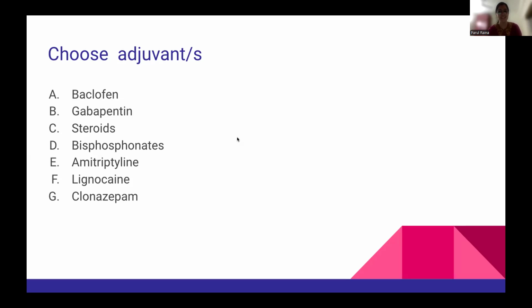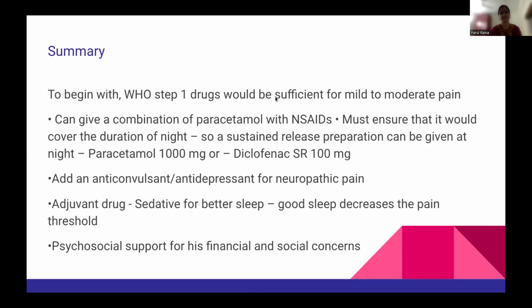Yes, Dr. Athira, you're absolutely right. The answer is all. Yes, all of them are adjuvants which can be used as analgesics.